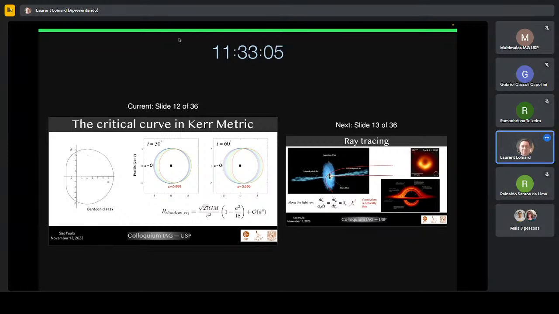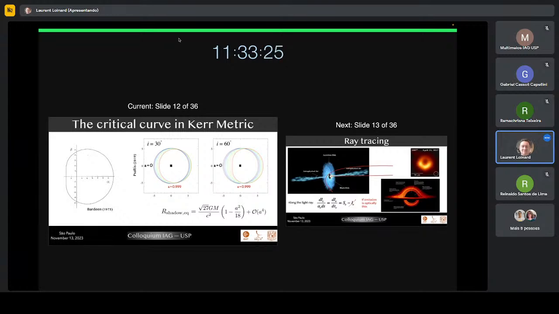Excuse me. Yeah. This inclination is the inclination of what? It's the inclination of the rotation, right? Yes. So at 0, the angular momentum of the black hole would point right at you. Okay. And at 90 degrees, the angular momentum vector would be exactly perpendicular to the line of sight, in the plane of the sky.